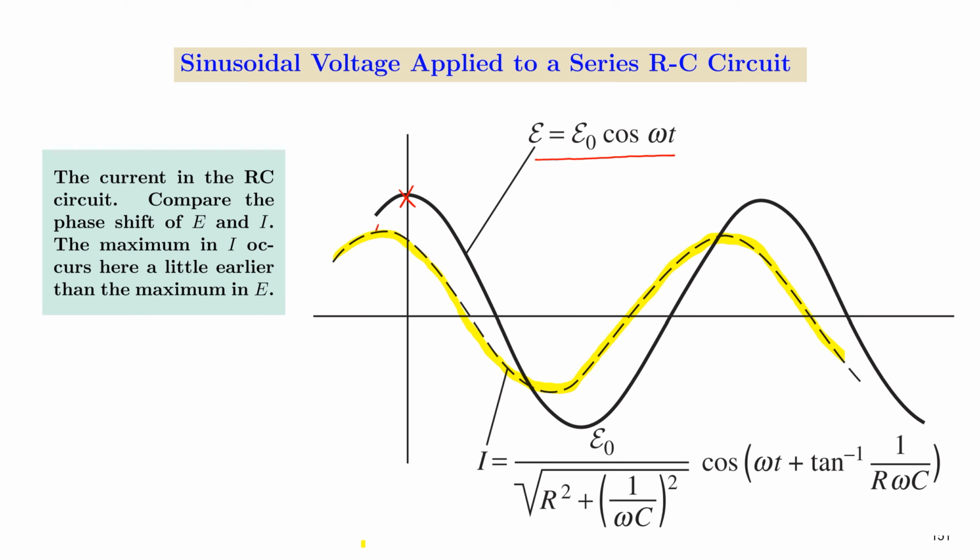We see that the peak of the current waveform occurs much before the peak of the voltage waveform, and this is the phase difference phi, which is equal to tan inverse of 1 by R omega c. As the peak of the current oscillation occurs a little bit earlier than the voltage oscillation, we can say that the current in the RC series circuit leads the voltage by a factor of phi.